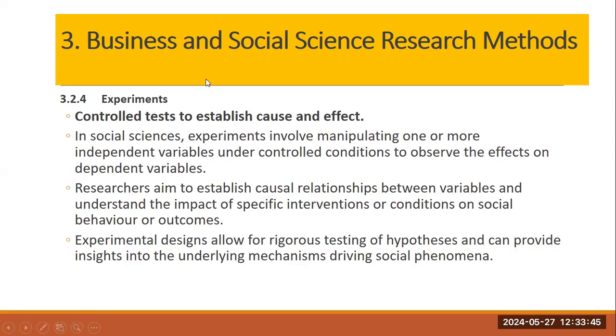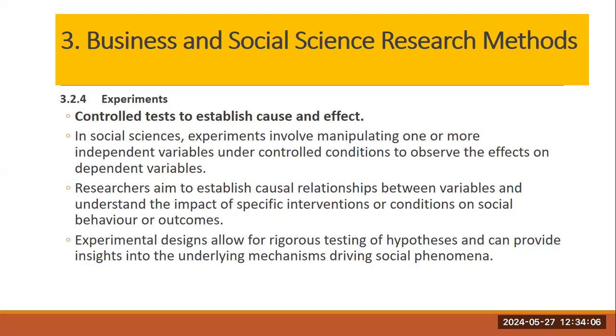Right, experiment we already discussed in business and social science research methods. The control is to establish cause and effect, right? That also we have discussed in social science. Experiment involves manipulating one or more independent variables under controlled conditions to observe the effects on the dependent variable.